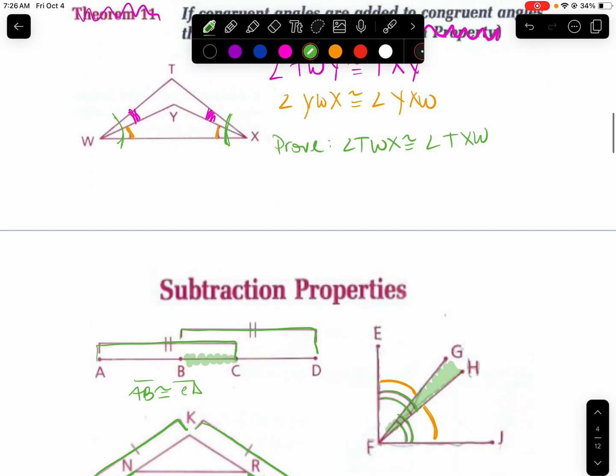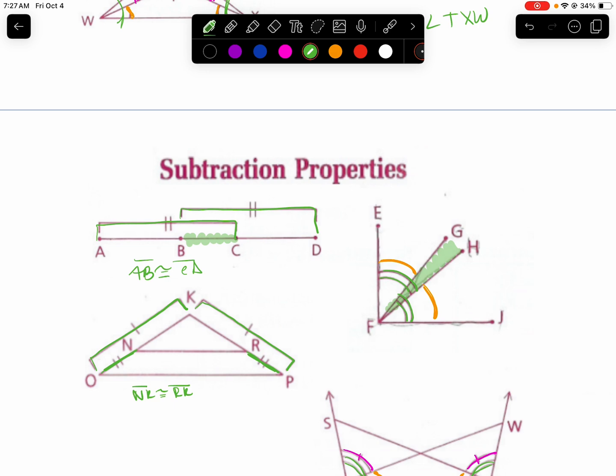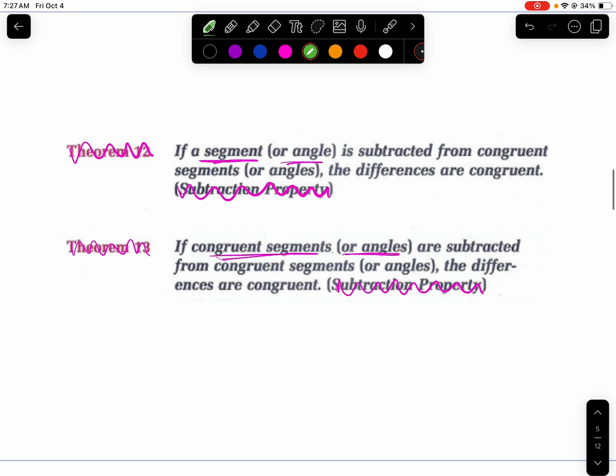So there's just two different things that we're looking at in this section. With subtraction, if a segment or angle is subtracted, I'm taking two angles and subtracting the middle part, or I have two congruent angles and I'm subtracting two congruent angles.